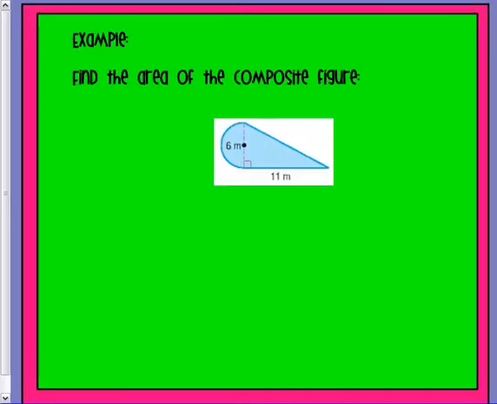Let's look at this one for example. This is our semicircle and a triangle. If I want the area of a circle, we take the area equaling pi times the radius squared. So we get 3.14, and the radius is not 6 because the diameter is 6, the radius is 3.